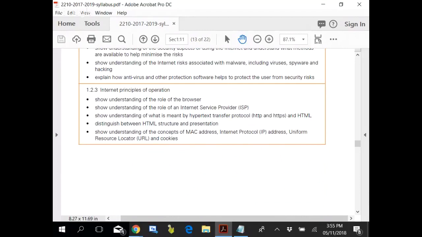So what is the difference between the internet and the World Wide Web? The internet is an infrastructure. I am just telling you in a generalized way. You don't have to get into the details of it. You just need to understand what it is. The internet works on HTTP, Hypertext Transfer Protocol.